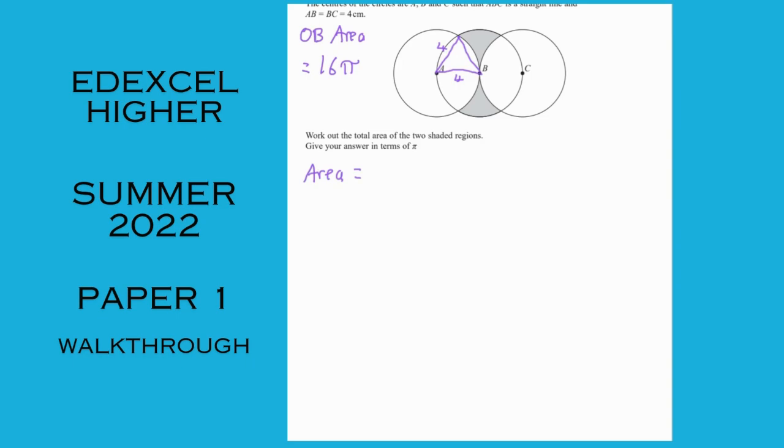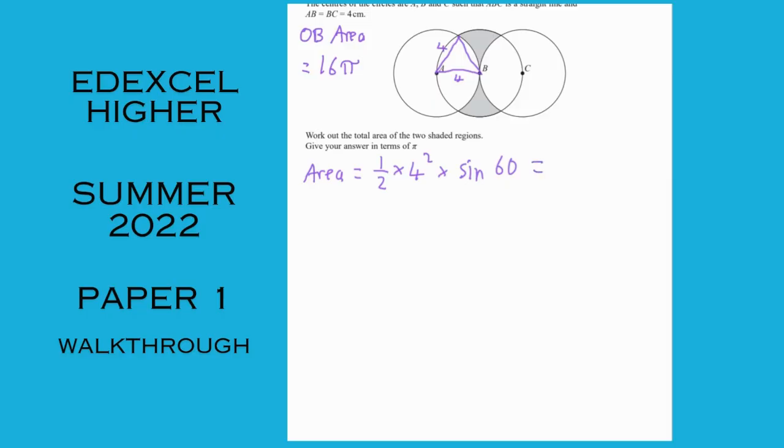As we know, with area of non-right angled triangles, it's a half times A, which is 4, times B, which is 4, times the sine of the angle between them. It's equilateral. It's 60.